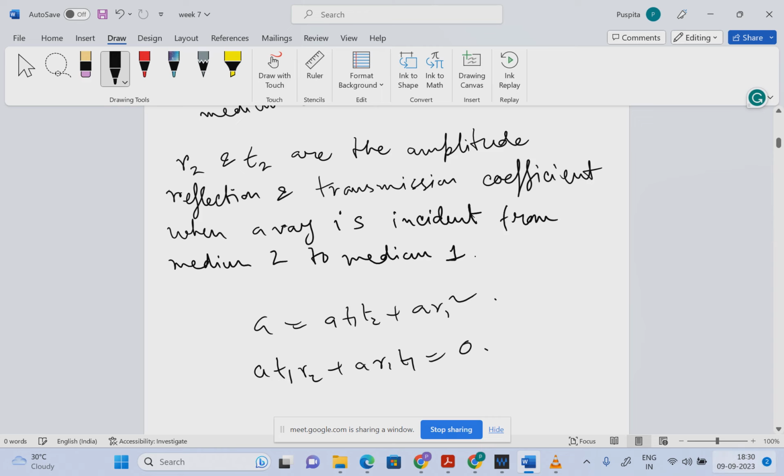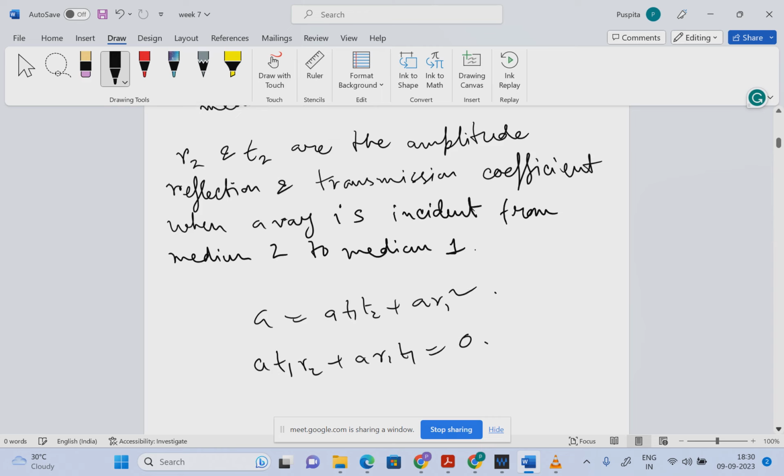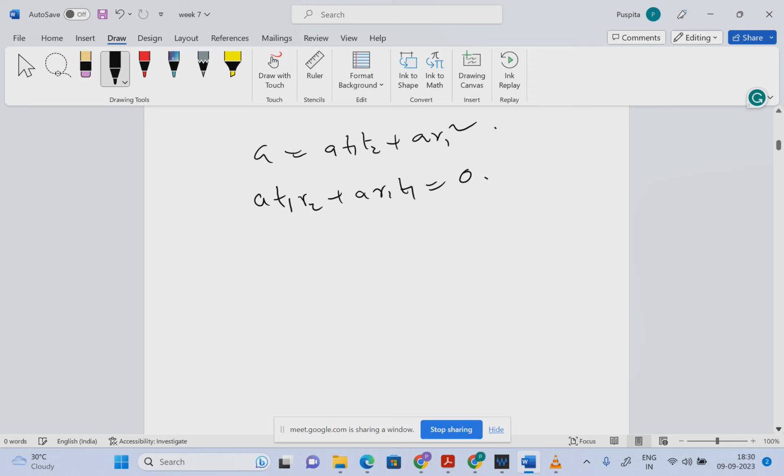From these two relations, 1 is equal to T1 T2 plus R1 square. So T1 T2 will be 1 minus R1 square.